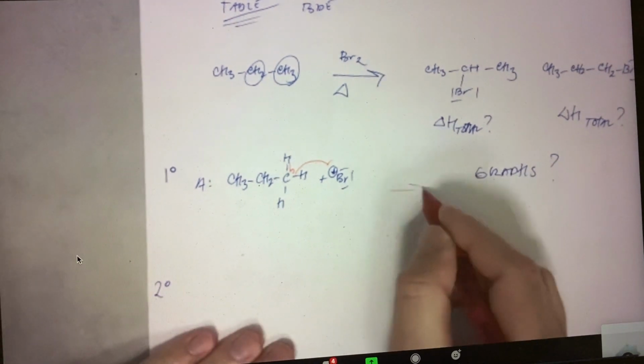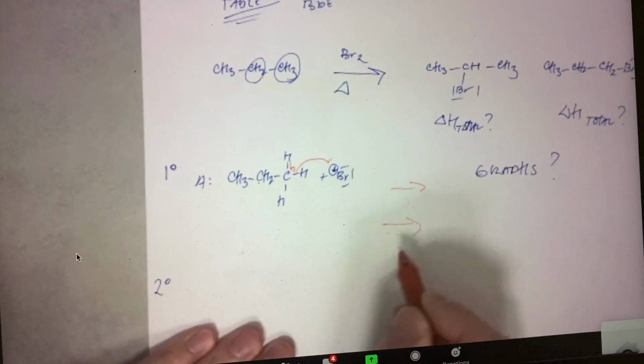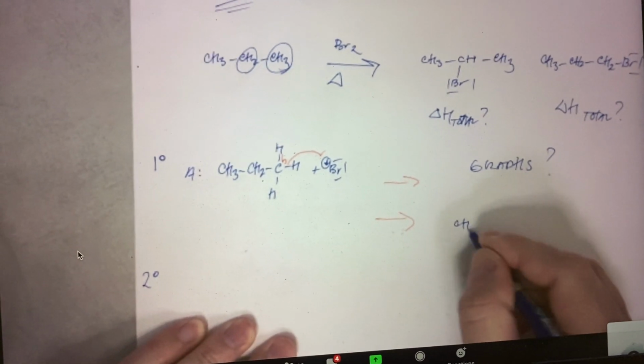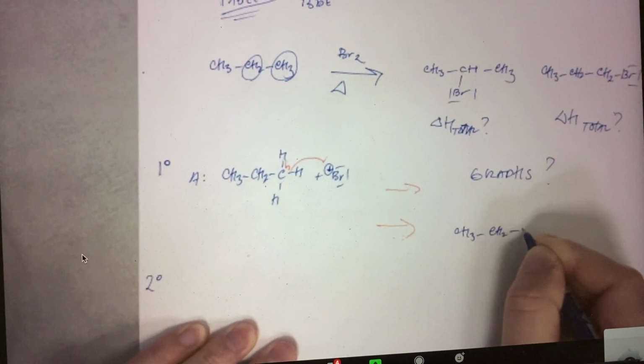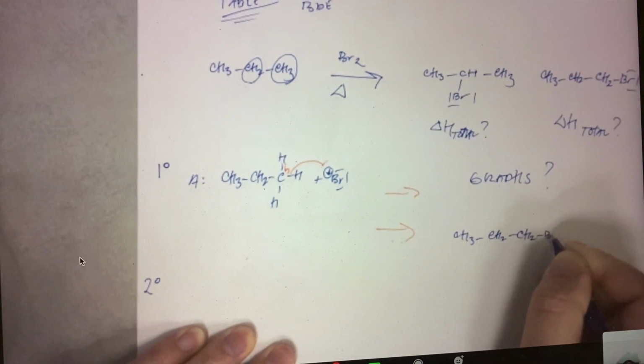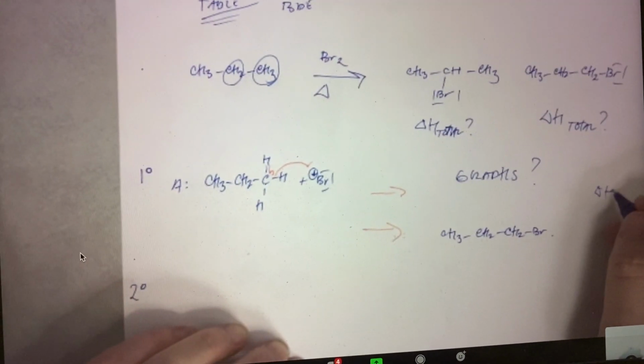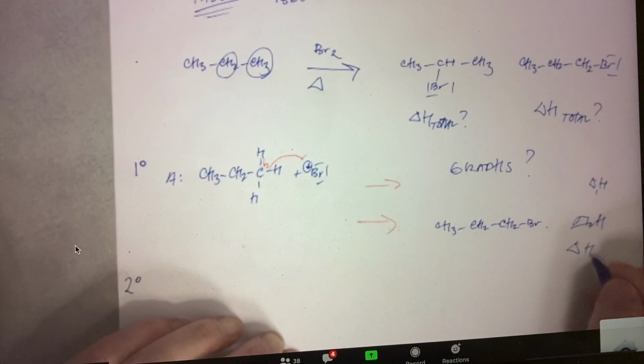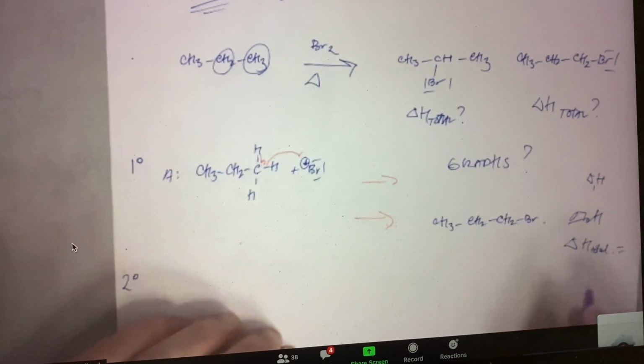And then you continue. And then you do the second propagation step associated with this reaction that leads to our primary product. And then there'll be delta H1, delta H2, delta H total that you could calculate.